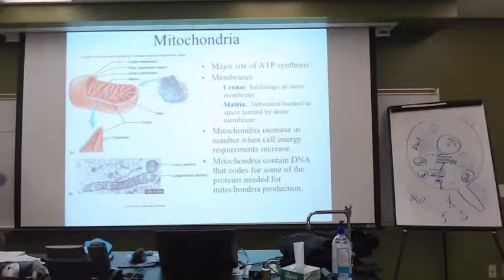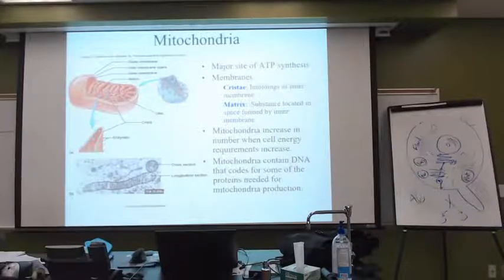Mitochondria, within their structure, they have the ability to carry out cellular respiration. In the process of cellular respiration, we make ATP.